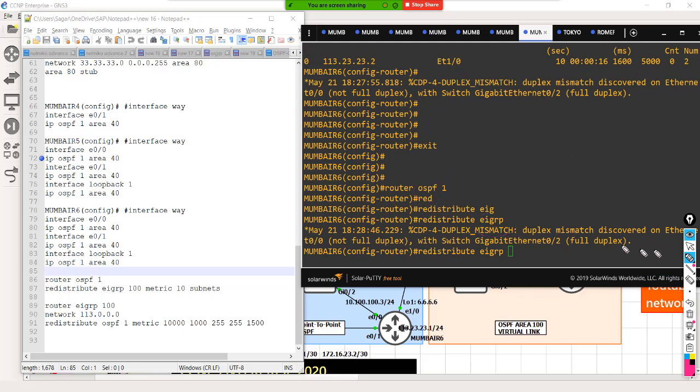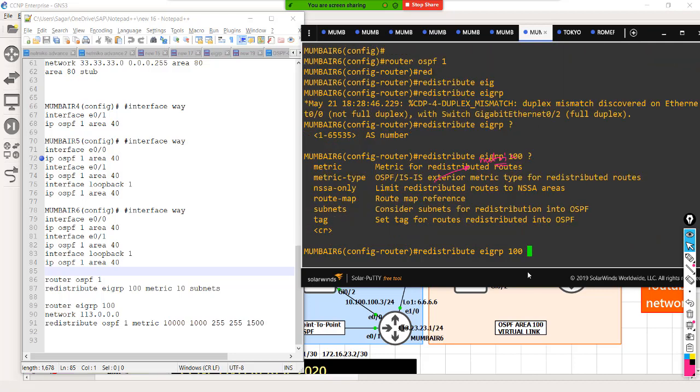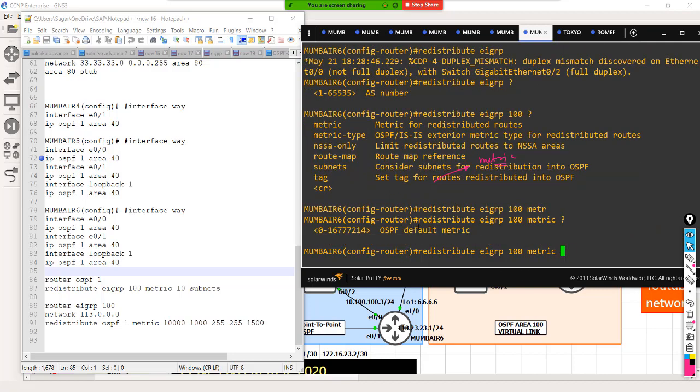How does OSPF learn? It's based only on the cost metric. So it's simple in this case. I'm going to say the autonomous system is 100. What is the metric that OSPF follows? What is the default metric? By default OSPF is considering 10.